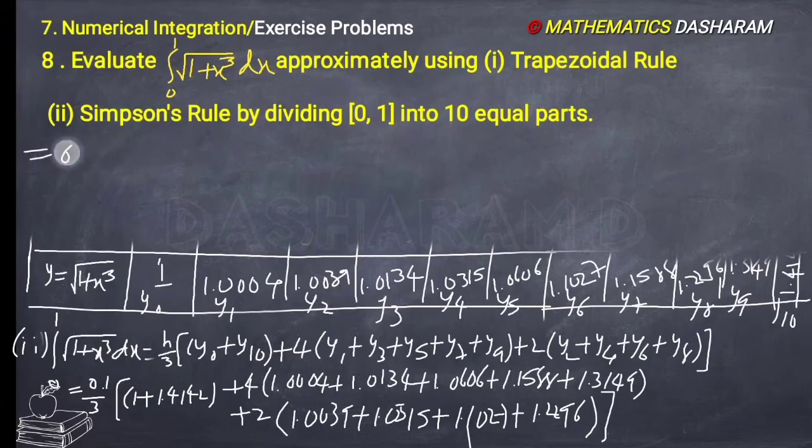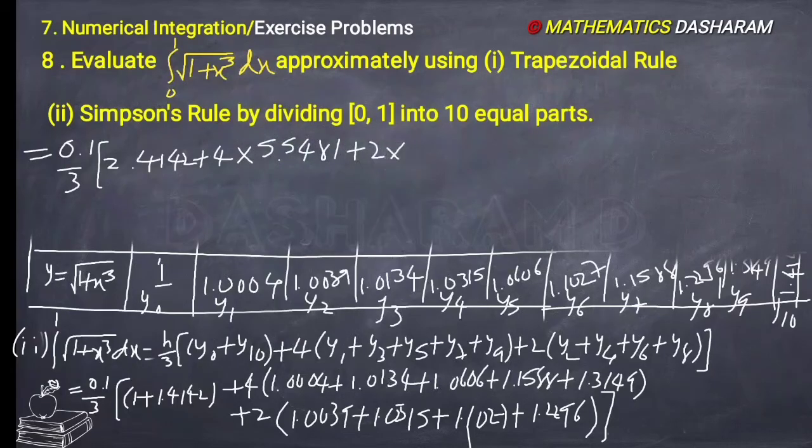So it is equals to 0.1 divided by 3 bracket of 2.4142 plus 4 into, so addition of these decimal numbers is 5.5481 plus 2 into 4.3677.